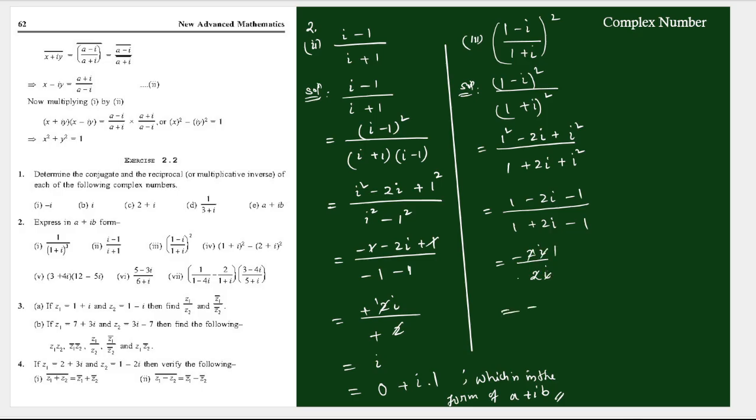We get only 1. So minus 1. So if you want to write in the a plus ib form, there is no imaginary part now. So minus 1 is the real part, ib is 0, which is in the form of a plus ib. Fine.